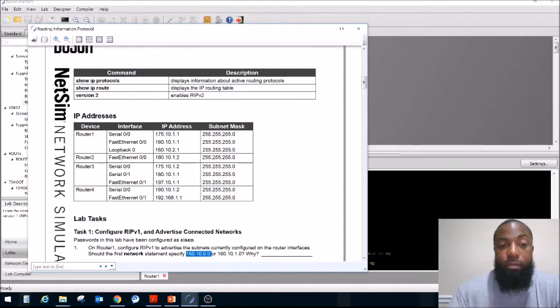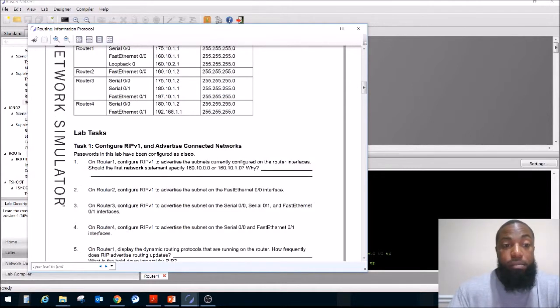The subnet mask is /24, but these are in different octets, 1 and 2, so we are only concerned with the first two octets because the other ones may be different. If we just did 160.10.1.0, then we're not going to include the 2.0, which is why we need to do 160.10. That is why. So configure RIP to advertise that network right there.